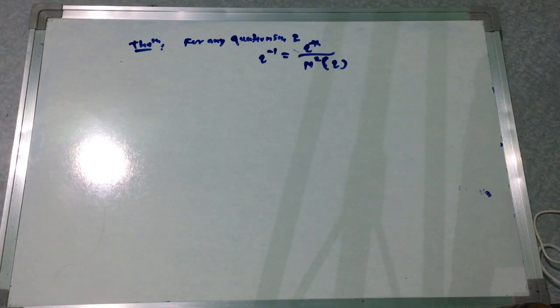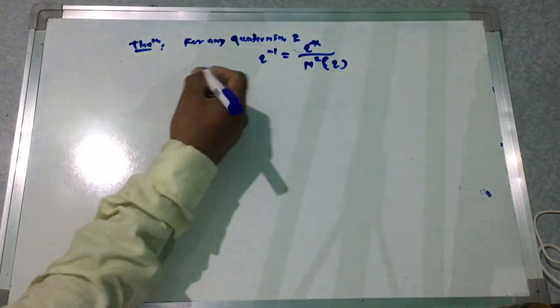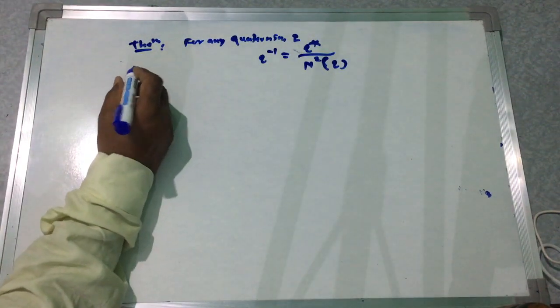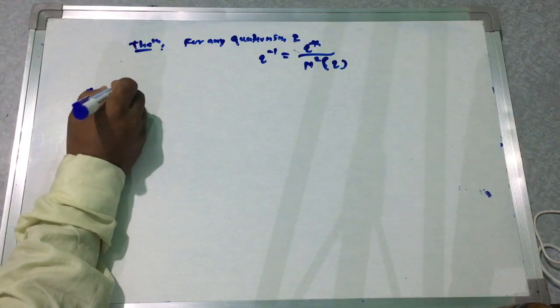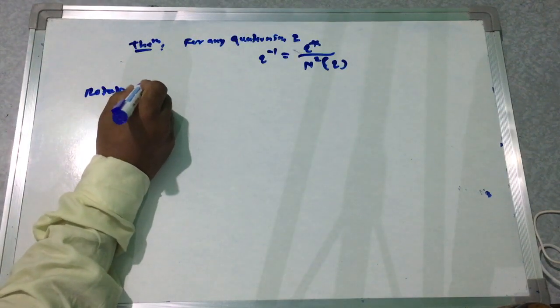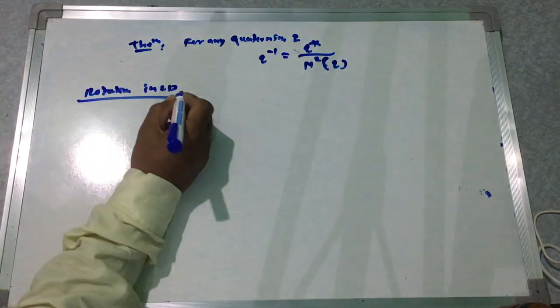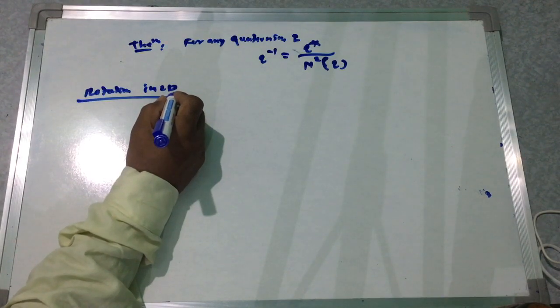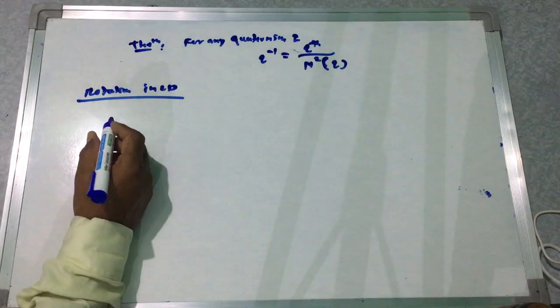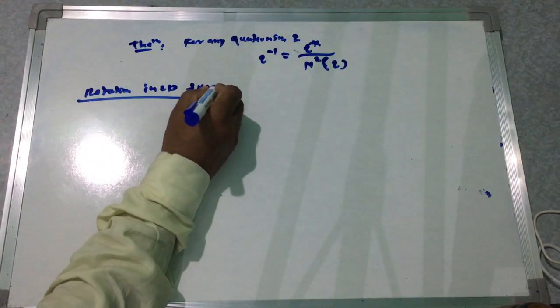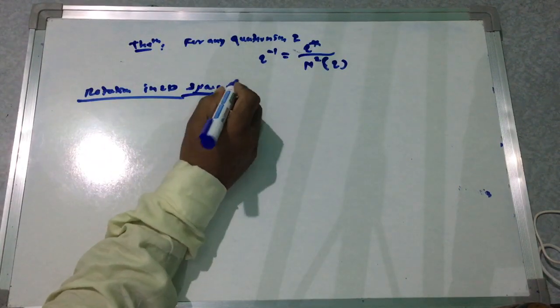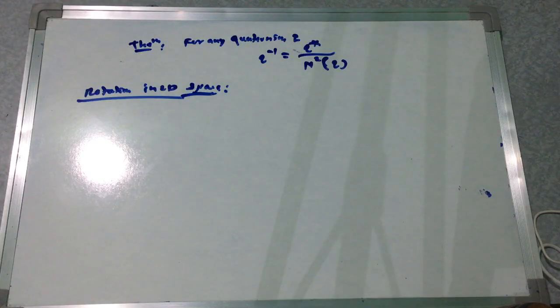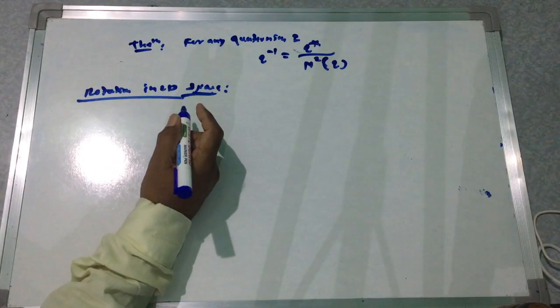So in this manner we have to see the statement of rotation in 2D space. In the plane, the rotation is about some point which is considered as fixed and not affected by the rotation.